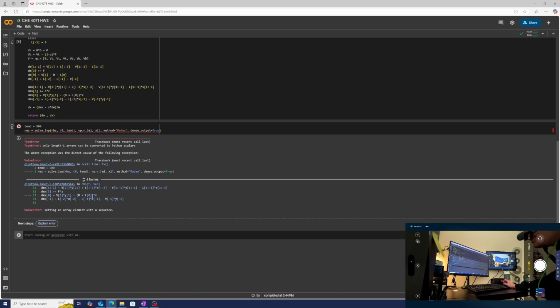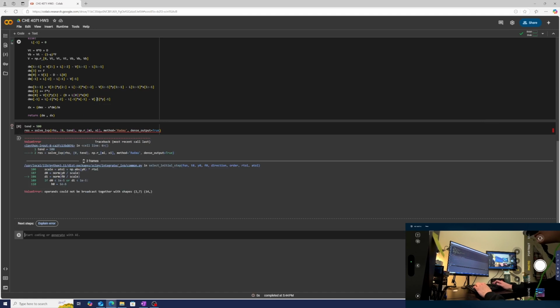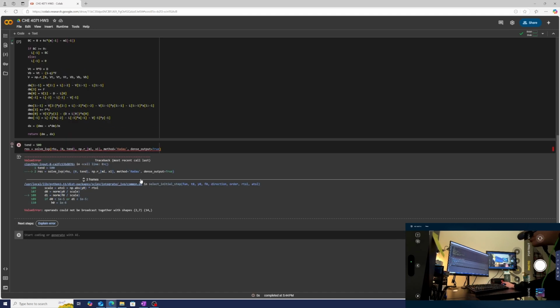Where's our problem at? Uh-oh. Setting an array element with a sequence. Oh, does this just need to be x 0? 2 and 14, 2 and 14.